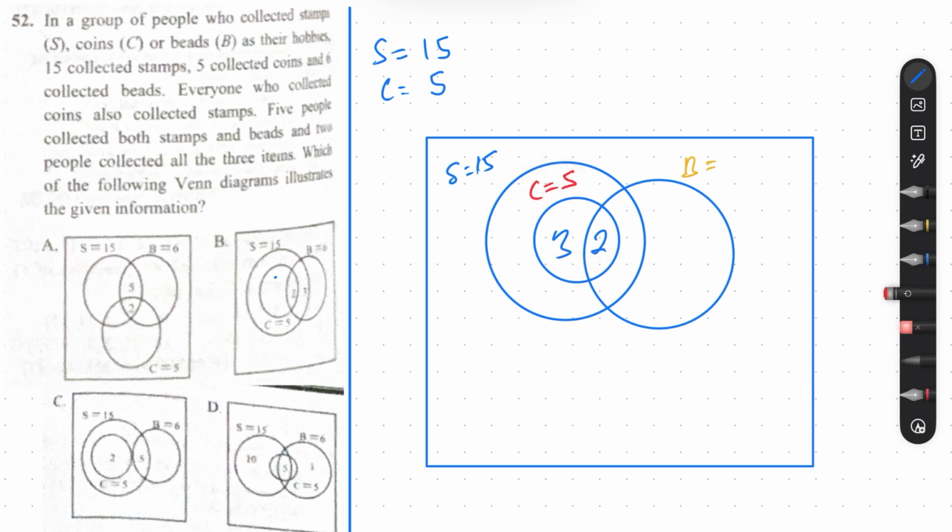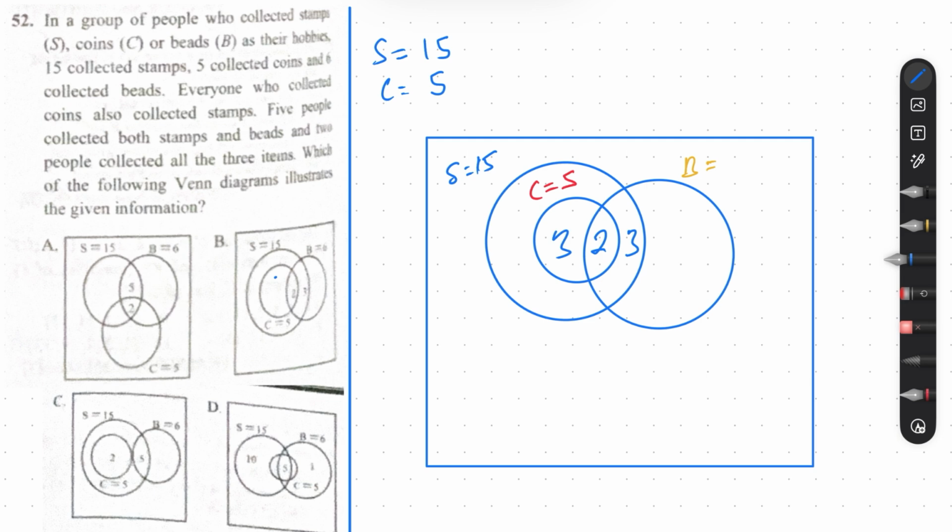Now it says 5 people collected both stamps and beads. That means the intersection between stamps and beads right here should be 5. That means this place is also 3. Cool. So let's write down 3 right here. Now what are we left with?